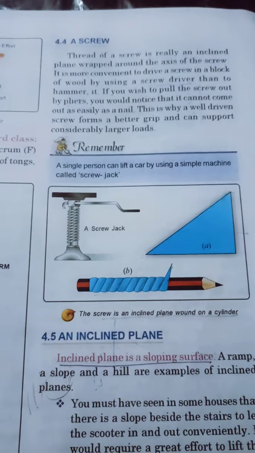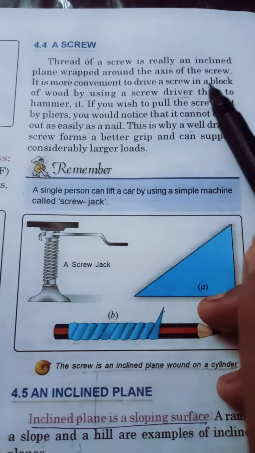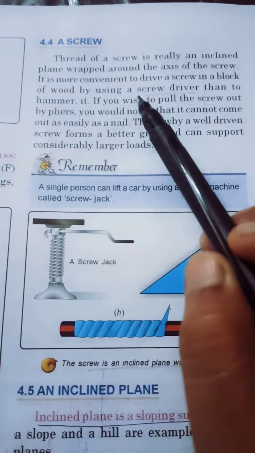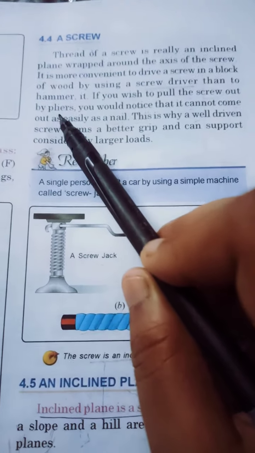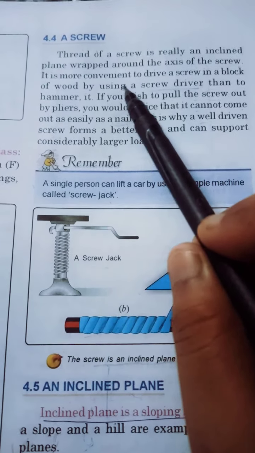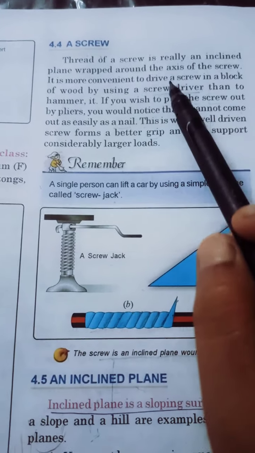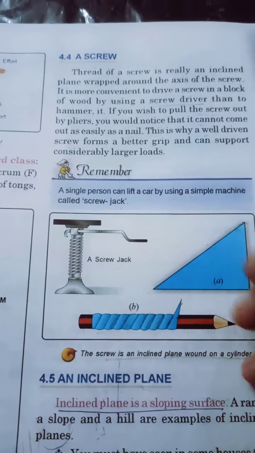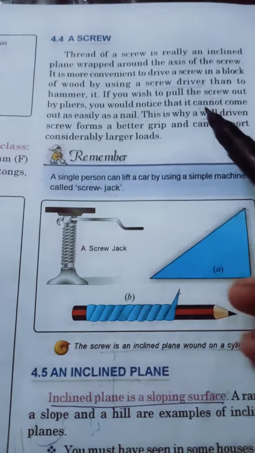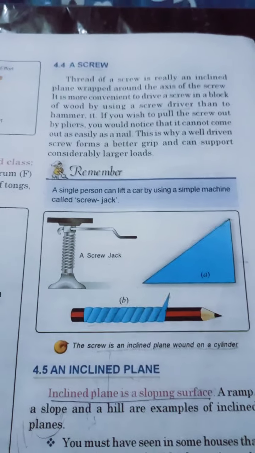It is more convenient to drive a screw in a block of wood by using a screwdriver than to hammer. What they are saying is that if we are going to use a screw on wood, it is convenient to use a screwdriver, pechkas, I hope you all know, rather than to just hammer it.